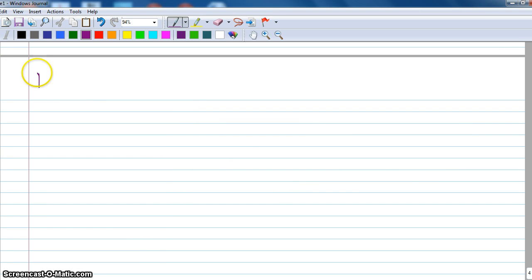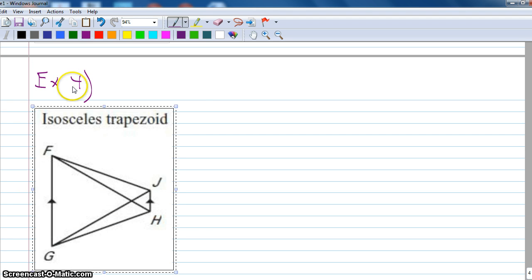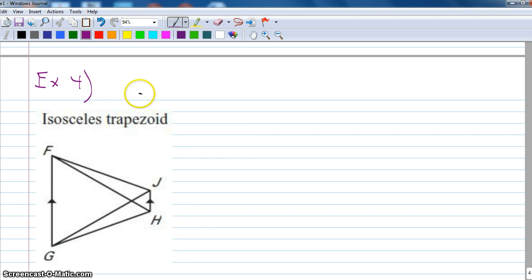And the last example, example 4, says, I know there's no directions, but I'm telling you: what additional information do you need to prove that this is an isosceles trapezoid? In other words, you want to make this shape an isosceles trapezoid. Well, do we have a trapezoid? Yes, we do. The top and bottom are parallel, they don't touch each other.